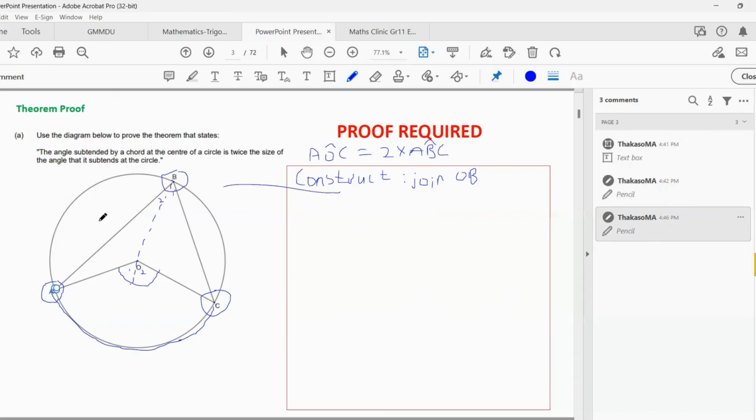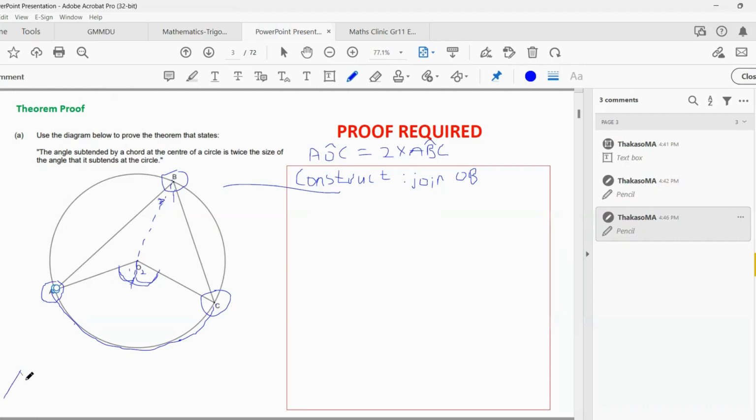Always a construction. You redraw the whole thing, and then we're going to construct by joining BO. Just remember to extend it, okay? Remember to always extend the construction, creating angle O1 as well as angle O2. And in this case, we can say we have angle B1 and angle B2. So the knowledge of previous grades that we need now is that of triangles.